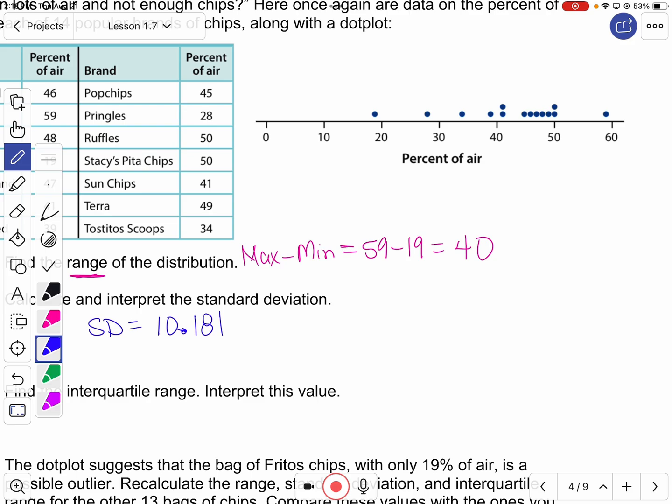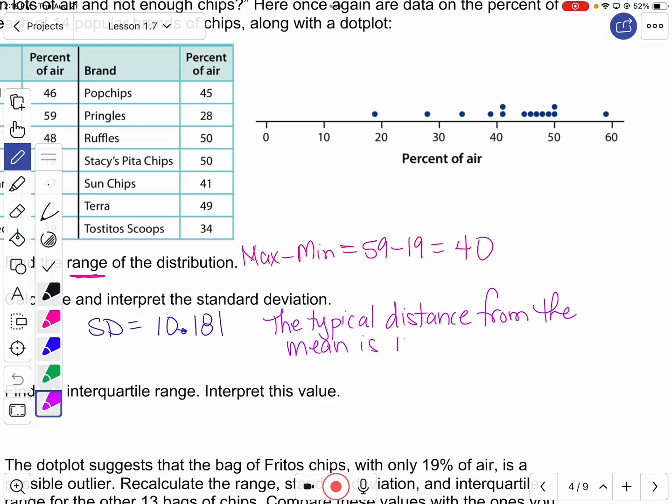Well, it means that the typical distance from the mean is 10.181. That's what it means, okay? The typical distance from the mean is 10.181.